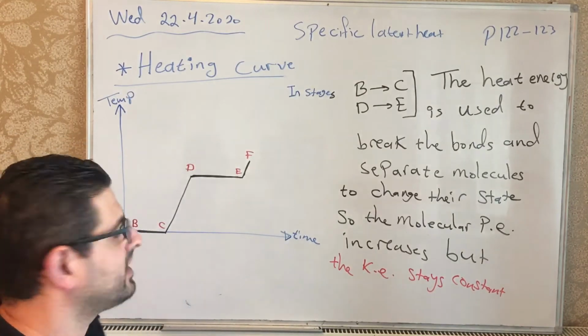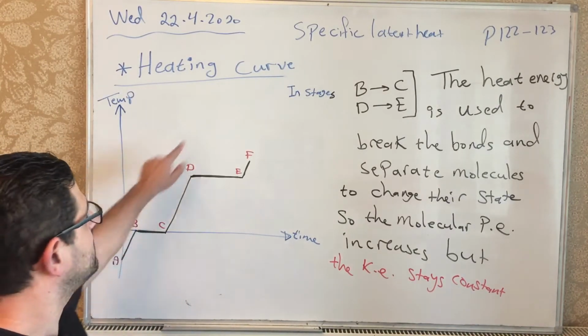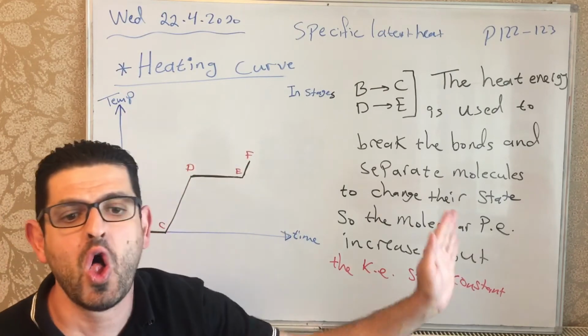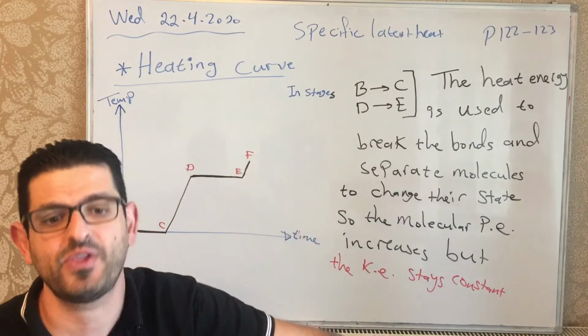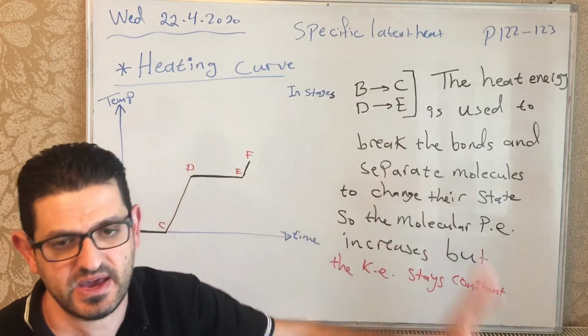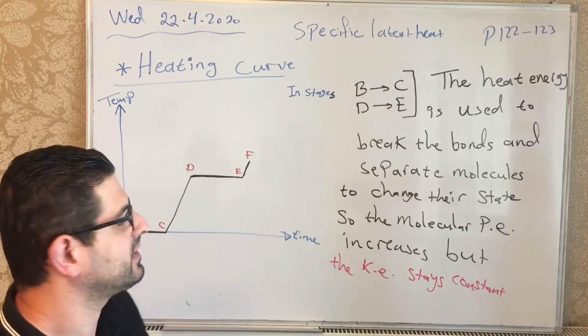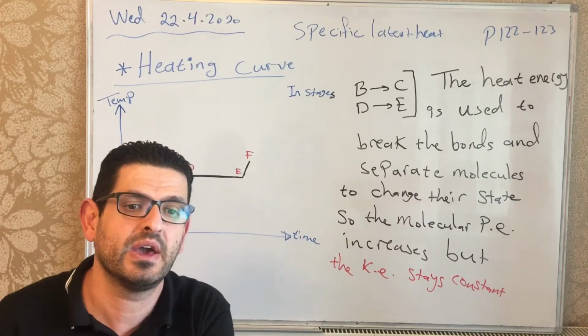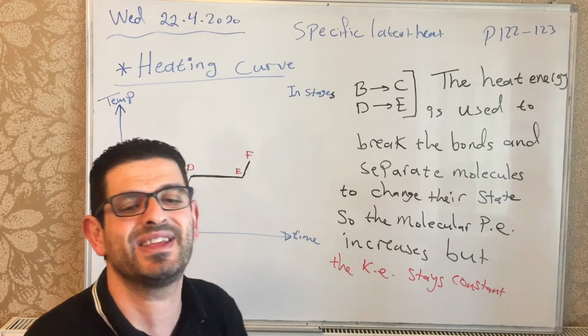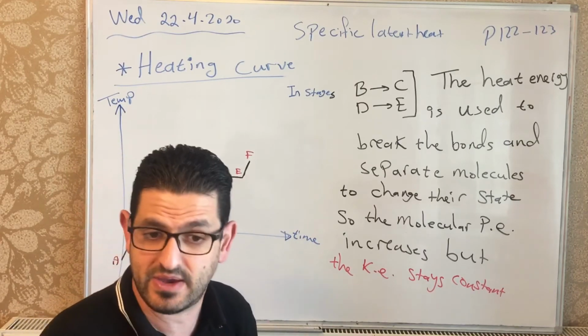So Abdul Karim, from A to F, all the way the heater is on. All the way I am supplying heat energy. But in certain stages the heat energy is used in one way, and in other stages it is used in a different way.